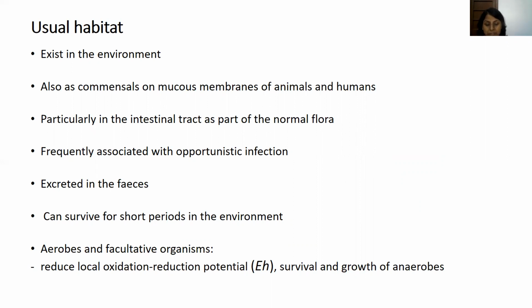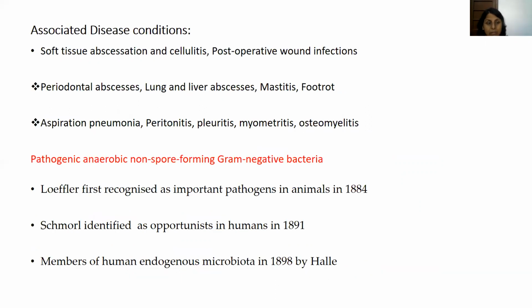Generally, the presence of aerobic and facultative anaerobic bacteria in the surroundings reduces the local oxidation reduction potential and makes the environment suitable for the survival and growth of the anaerobic bacteria.